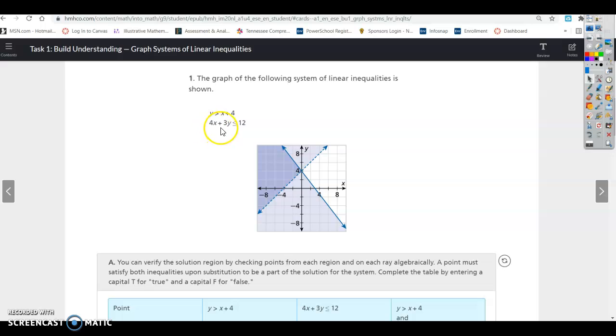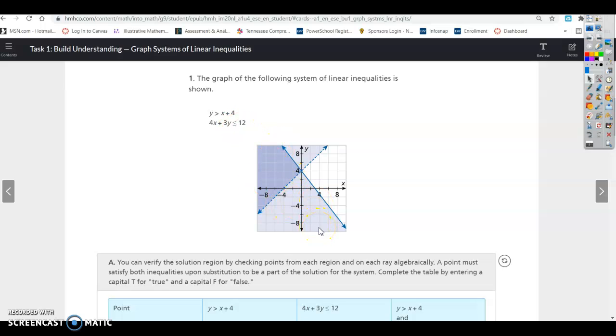And it says 4x plus 3y less than or equal to 12. Again, you can find your intercepts very quickly by substituting 0 here and then substituting 0 here. And you can see (0, 4) and (3, 0) are your intercepts. This is a solid line because this is less than or equal to. It's also shaded below that line.